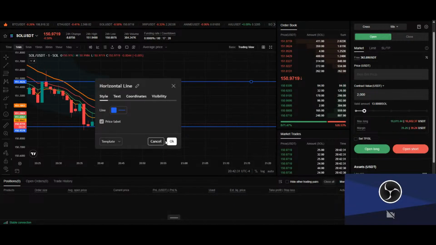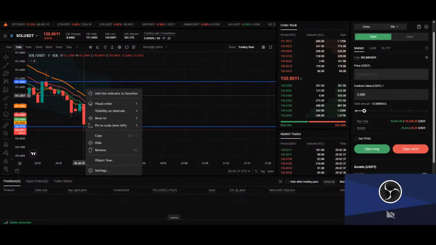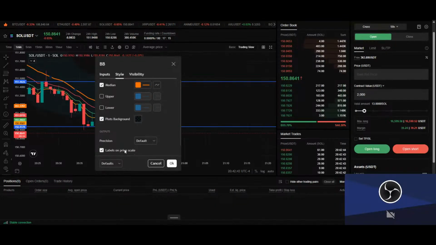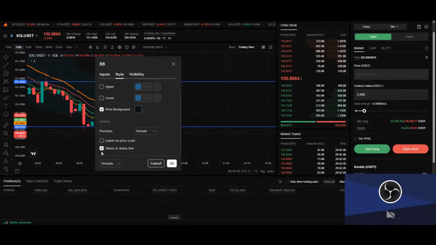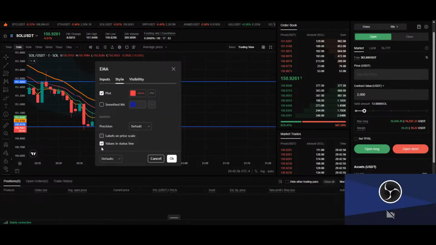I like the price labels on these because it lets me know my ceiling. These I don't need to see. Okay. I don't need to see any of these either.